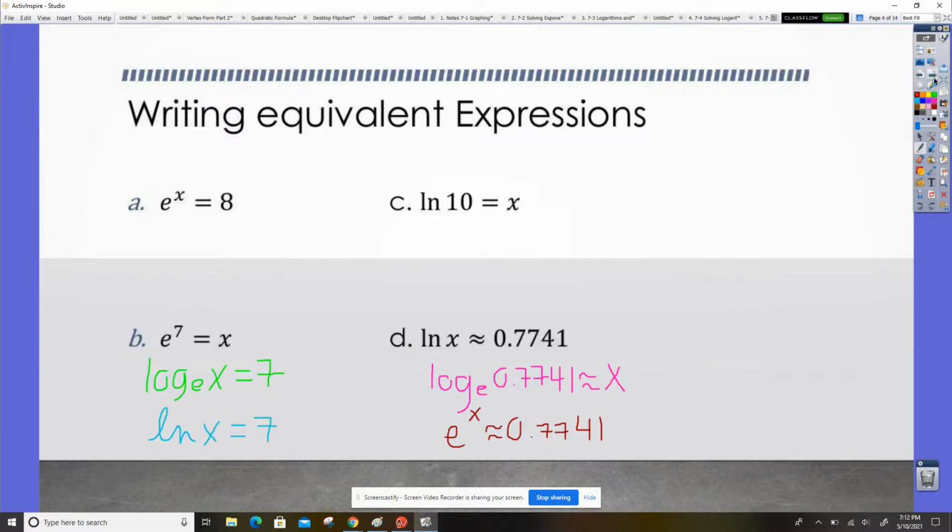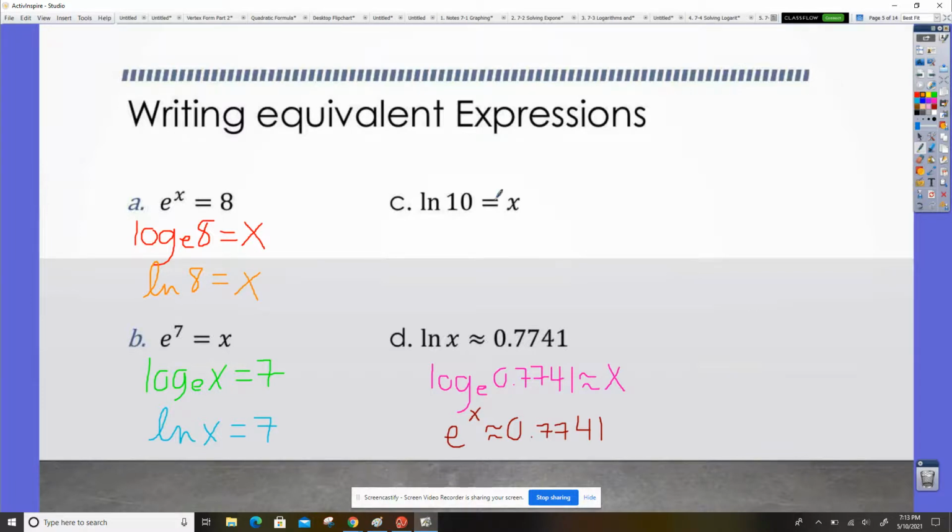First thing we're going to do is go from exponential to log. In this first example, we are going to write it as log base, notice the base is e, of 8 is equal to x. As we know, we can rewrite log base e as ln, so this is ln of 8 is equal to x.